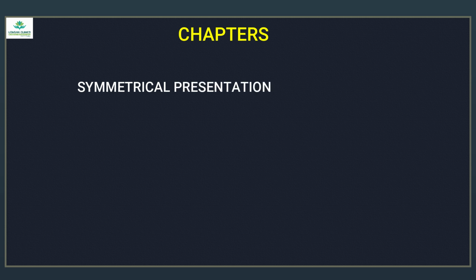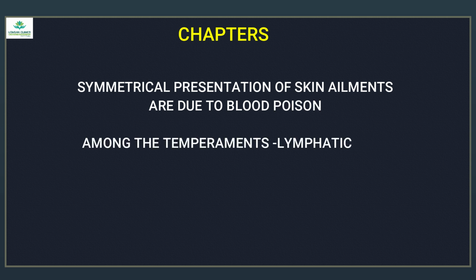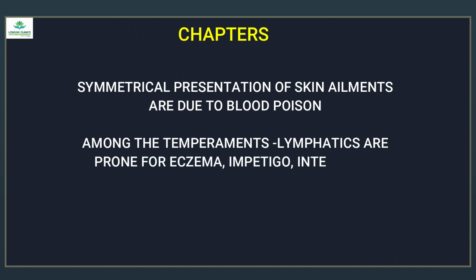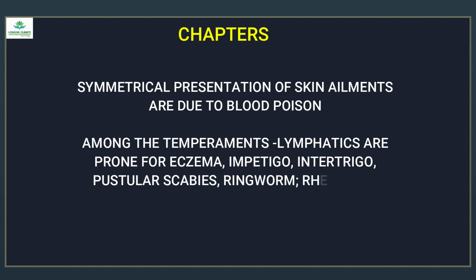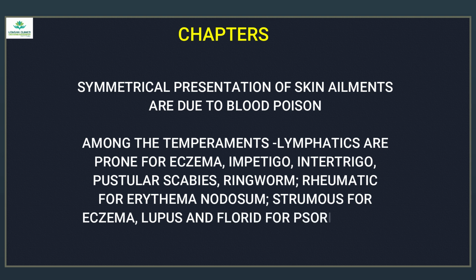Symmetrical presentation of skin elements is due to blood poison. Next, among the temperaments, lymphatics are prone to eczema, impetigo, intertrigo, pustular scabies, ringworm, rheumatic to erythema nodosum, strumous to eczema, lupus and florid to psoriasis, etc.